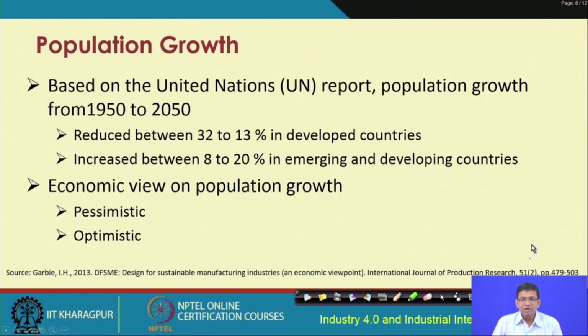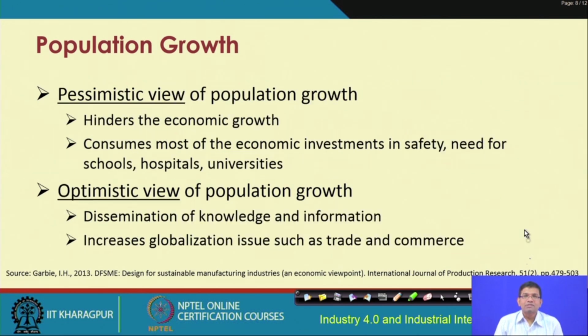Based on the United Nations report, the population growth from 1950 to 2050 is reduced between 32% to 13% in developed countries and increased between 8 to 20% in emerging and developing countries. So, the economic view on the population growth can be of two types: pessimistic view and optimistic view.